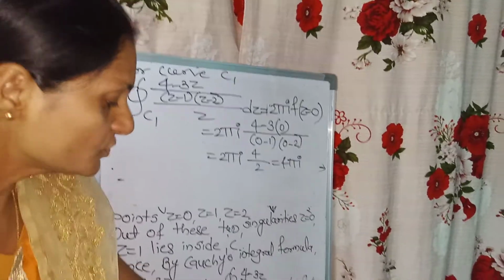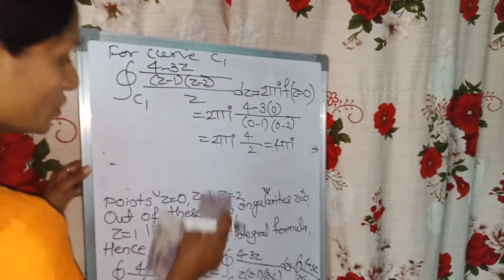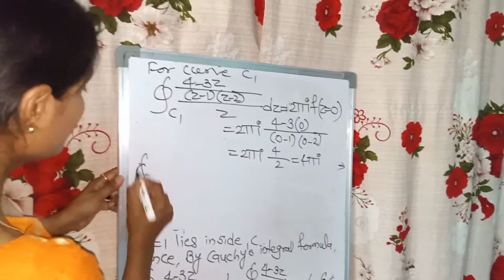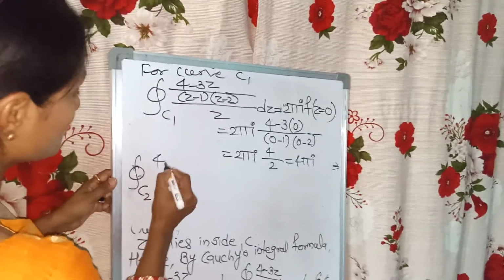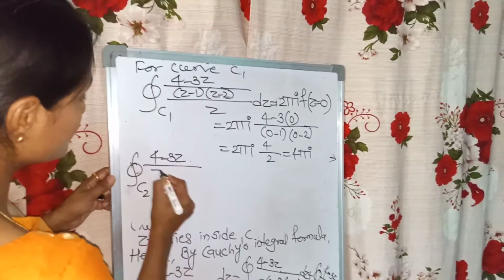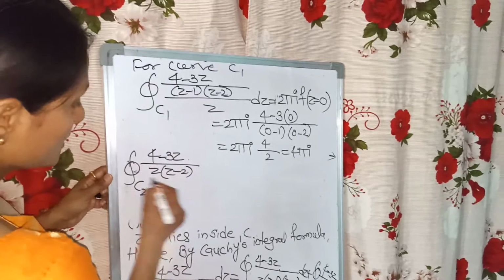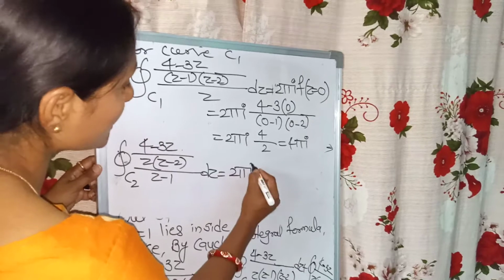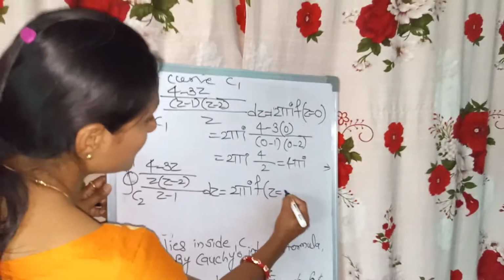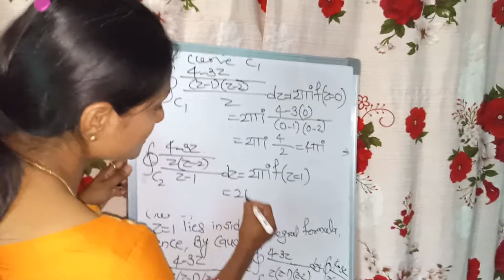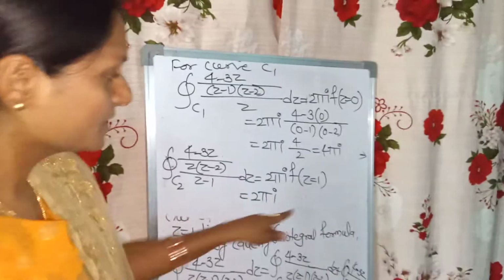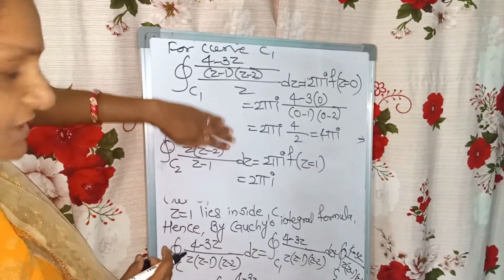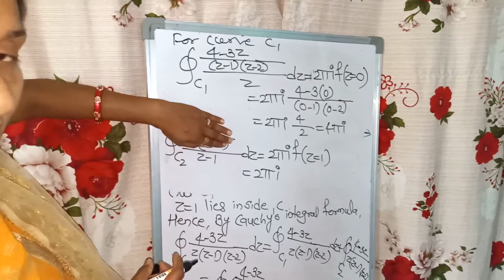Now let us move on to finding the integral over closed curve C2. The integral over closed curve C2 of (4 minus 3z) by (z minus 2) divided by (z minus 1), dz, will be 2 pi i into f of z at z equal to 1. We have to substitute. f of z now, within this circle, is the numerator value.